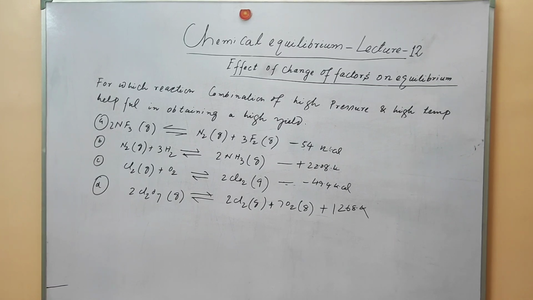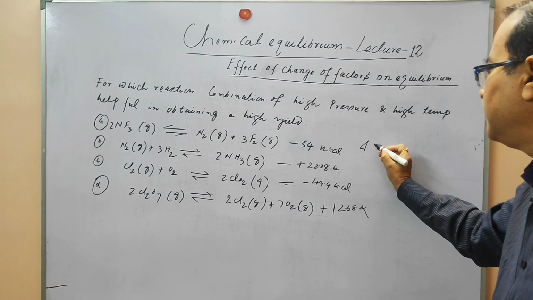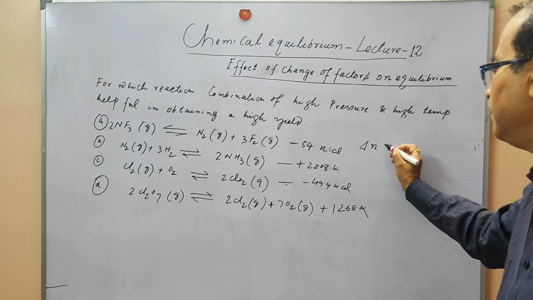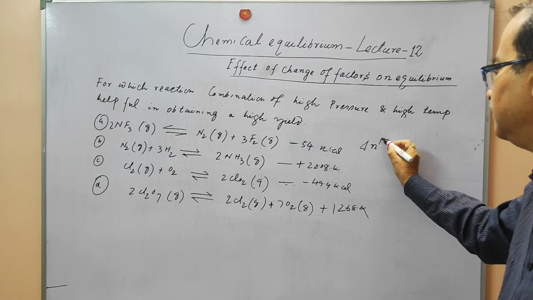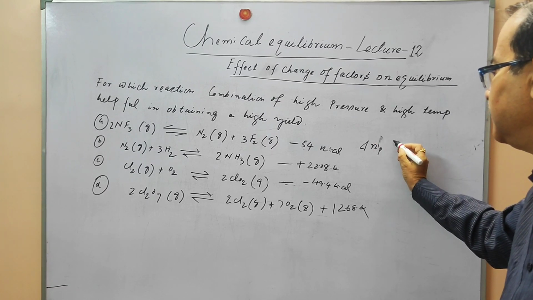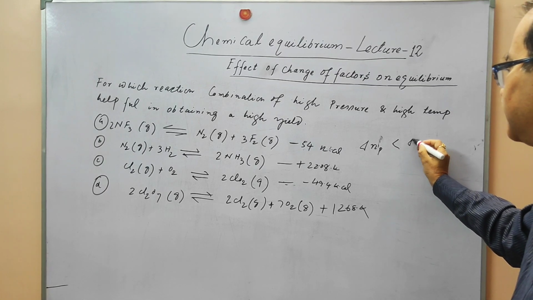For the first reaction, you can see it is an endothermic reaction, but in the forward reaction the number of moles of product is less than the number of moles of reactant.